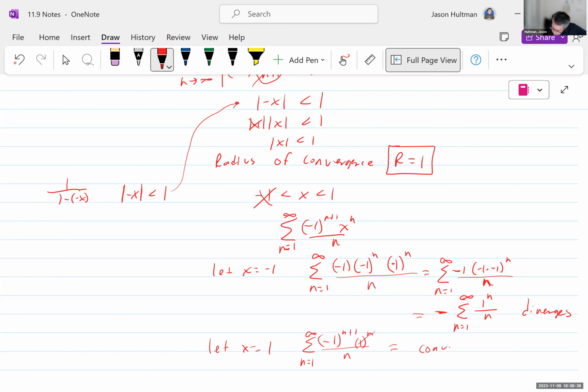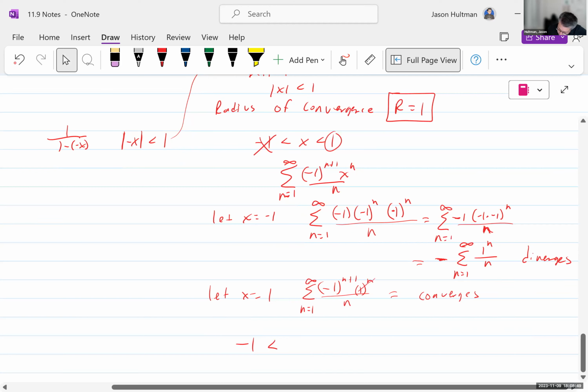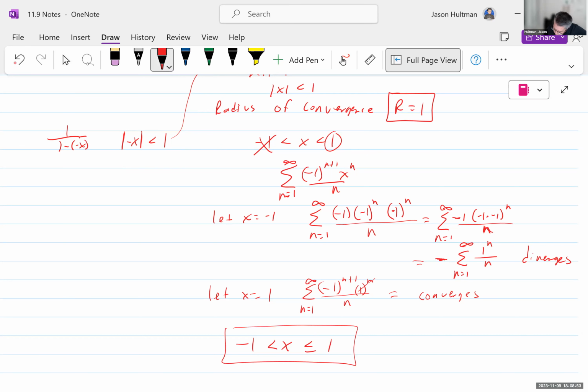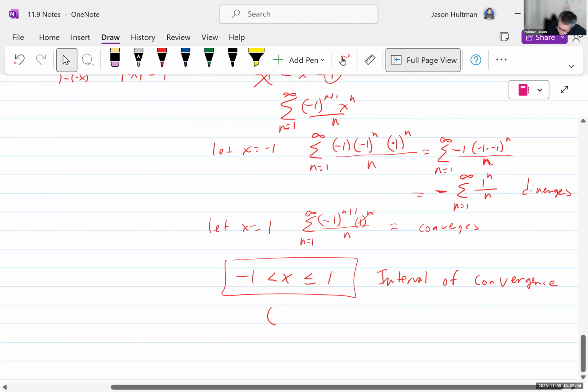So this converges, and so 1 is in. And so my interval of convergence would be -1 is less than x, which is less than or equal to 1. Okay, that would be my interval of convergence. Or we could write it like this too. Either way.